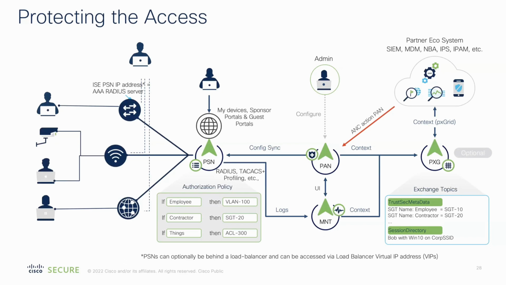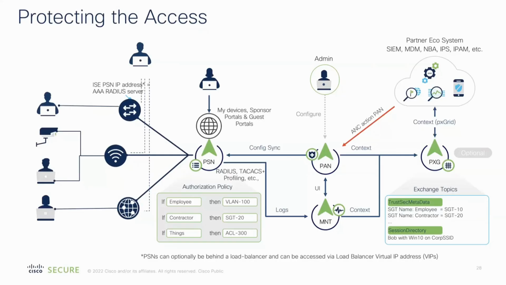Once after logging into the PAN, whatever configuration changes are done on the PAN get replicated to the rest of the nodes. You might be seeing the users connecting to the network through network access devices like wireless, wired, and VPN medium.